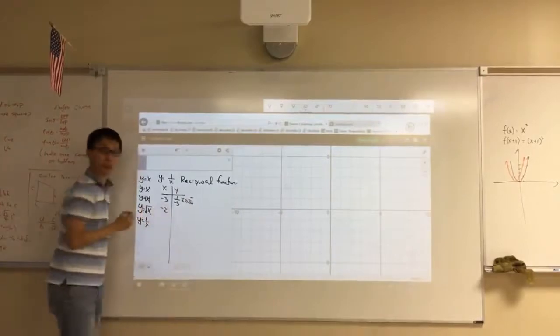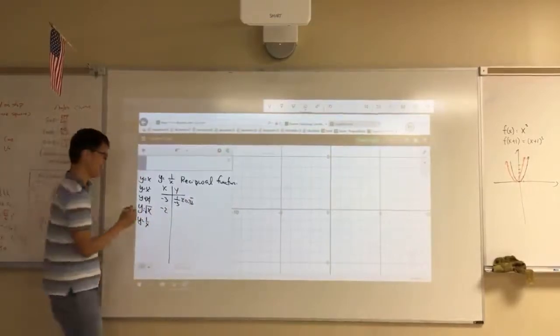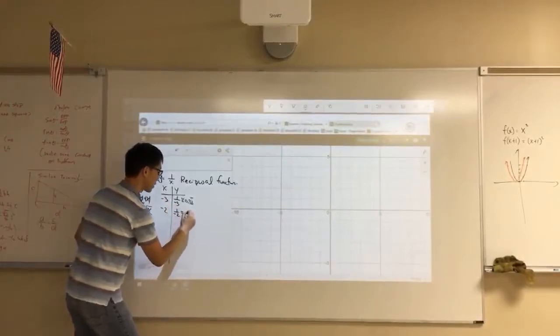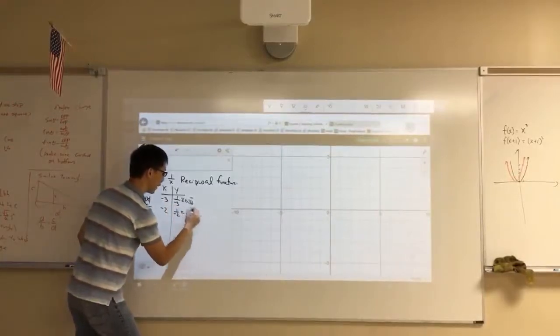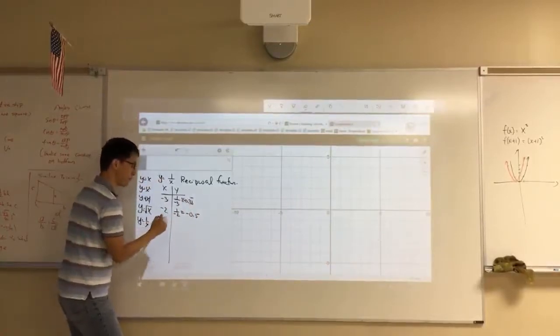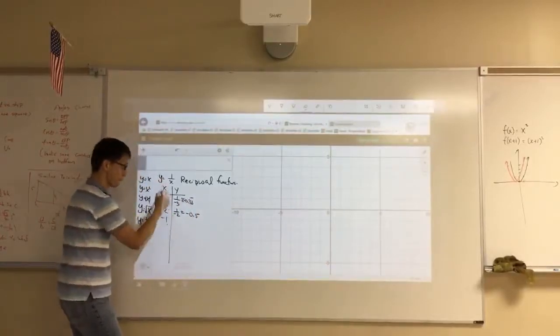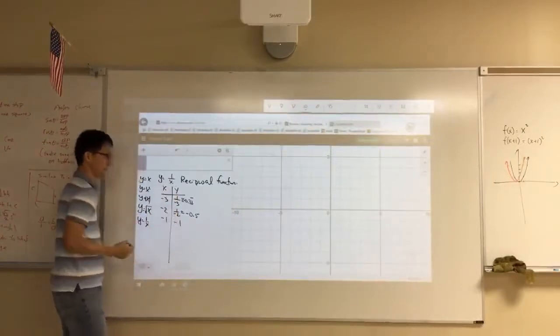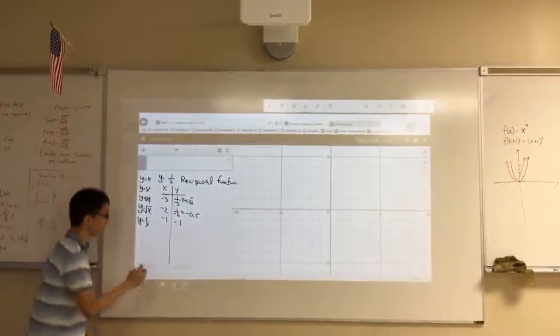And if I plug in -2, 1 over -2 is equal to -0.5, right? If I plug in -1, what will happen? It's going to be -1.